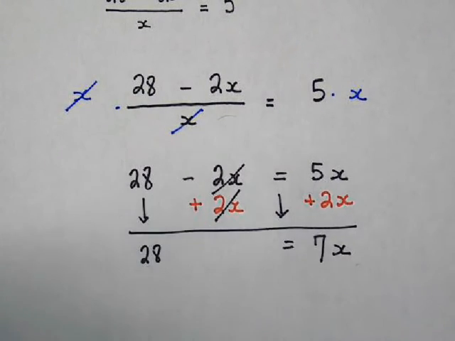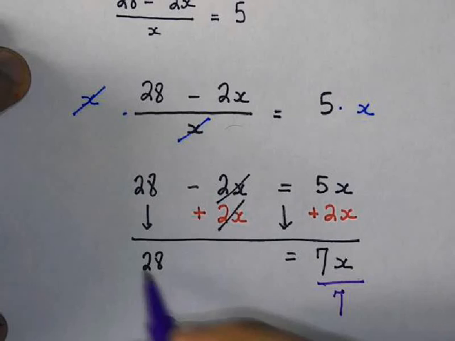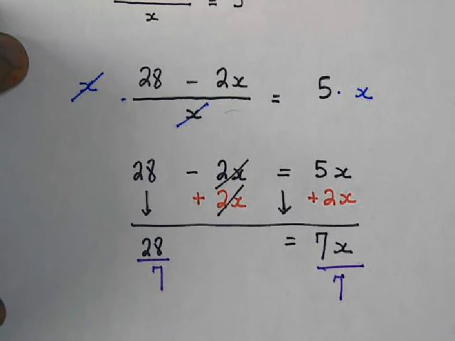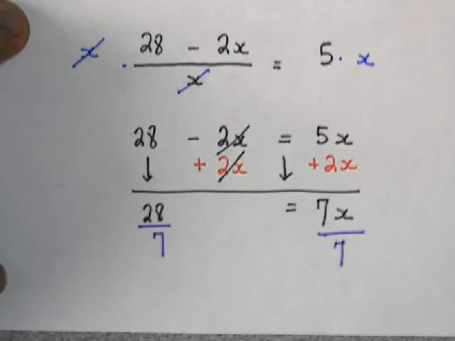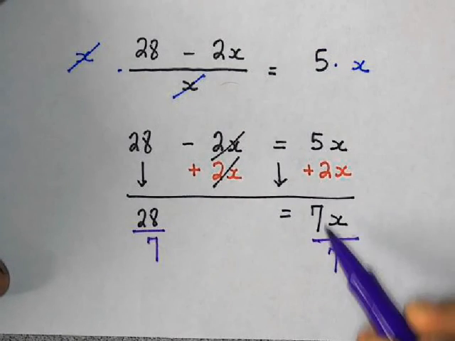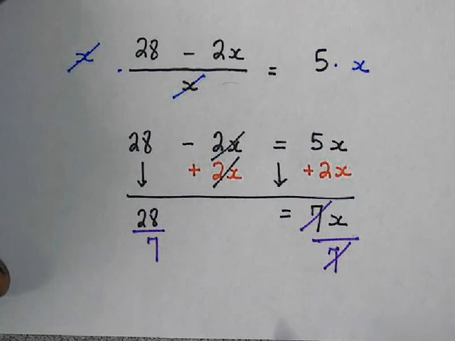So to undo the multiplication by 7, I can divide. So if I divide by 7, these 7s are going to reduce, leaving me with just x on the right side. And 28 divided by 7 is simply 4. So x is equal to 4.